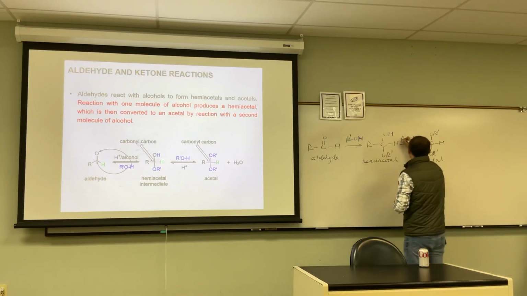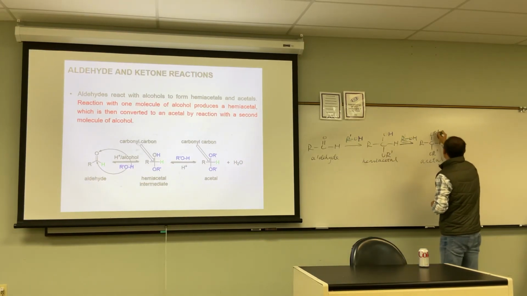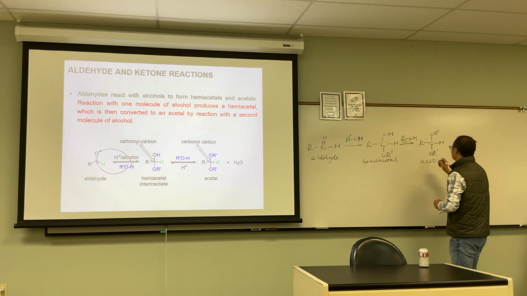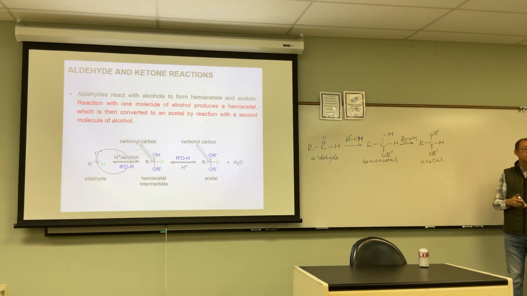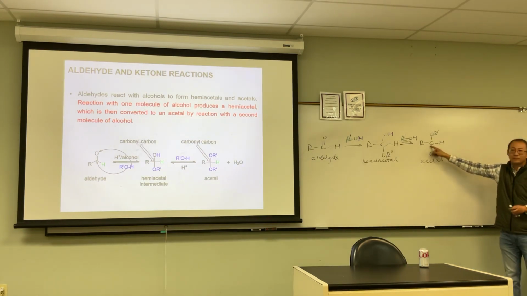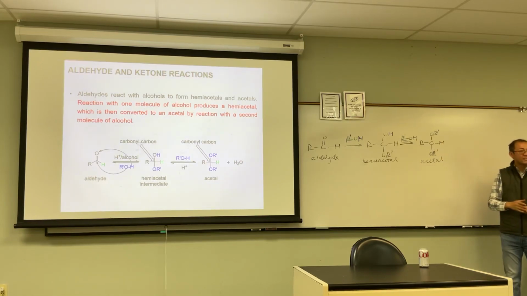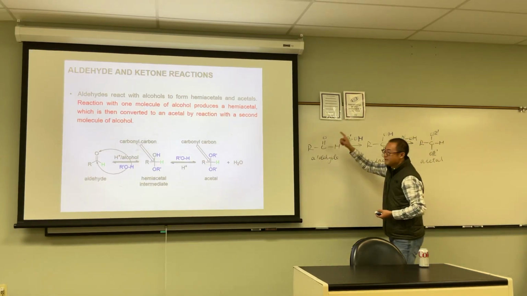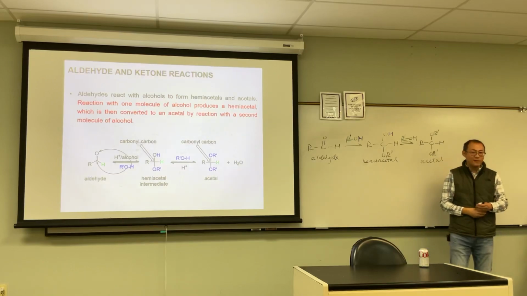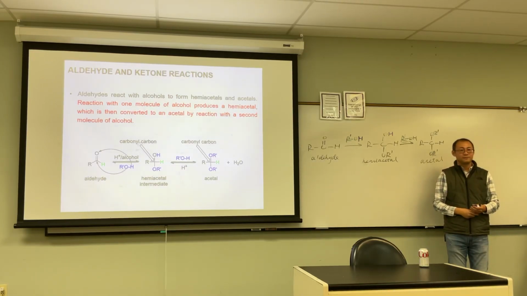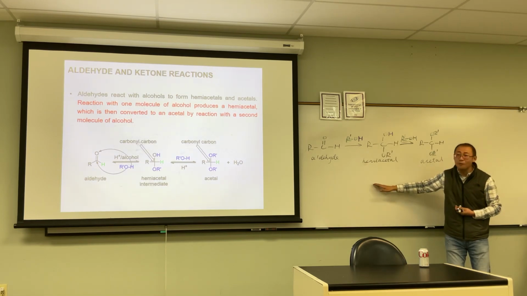OR. OR. See that? Finally, they're here. They're added to the what? C. What is the C? The carbonyl group. Make sense? Okay, if not, like I said, I'll go slow.